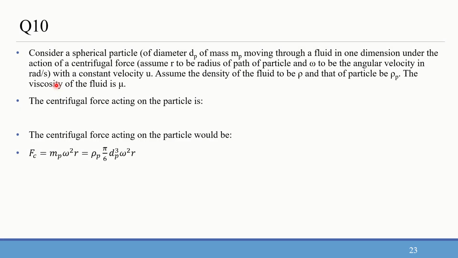Centrifugal force acting on the particle is, because here it is under the action of centrifugal force, mp into omega square r. So it is rho p pi by 6 dp cube omega square r, because mp is equal to density of particle into volume of particle, where density of particle is rho p and volume of particle is pi by 6 dp cube. So that is for question 10.